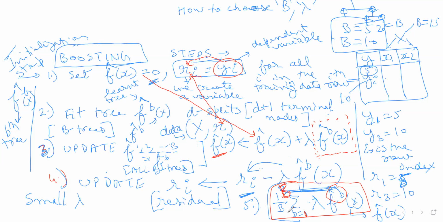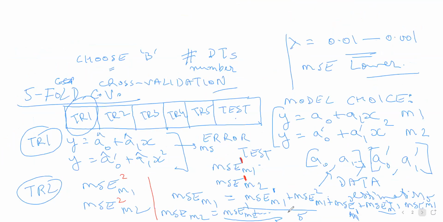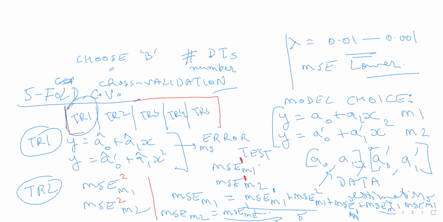Last thing, I'll just come back to this train and test data. Now I'll show one more thing in this train and test data, assuming that there is nothing like permanently trained data or a test data. Assuming this is what you have. I'm again going back to the five-fold cross validation.